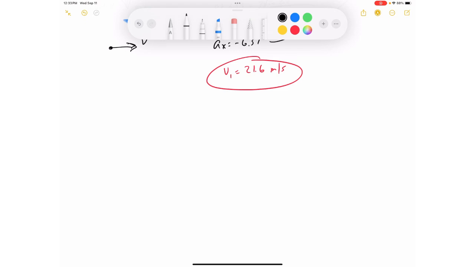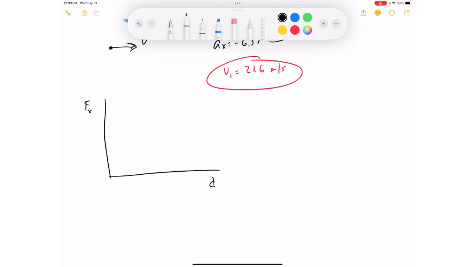Now what I want to do is show you a slightly different way of solving this problem. Let's talk about force, the force in x versus distance. What force is acting on the object in the x direction? Well, of course we know it's the frictional force.